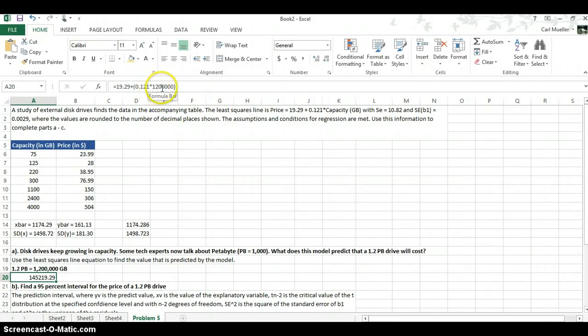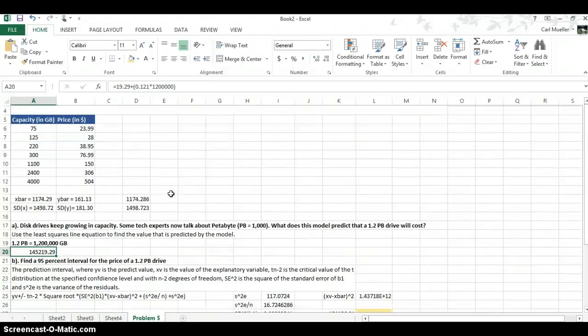Be careful about your zeros. So this is 1.2 million gigabytes, and as you can see, the predicted price based on this is $145,000. You can tell just by that this is more than likely not realistic for the average consumer. But for a company's defense department, anything like that, this is probably more than adequate.